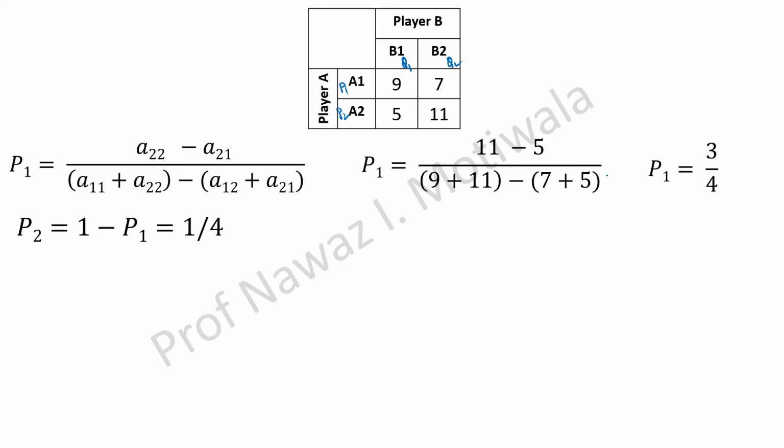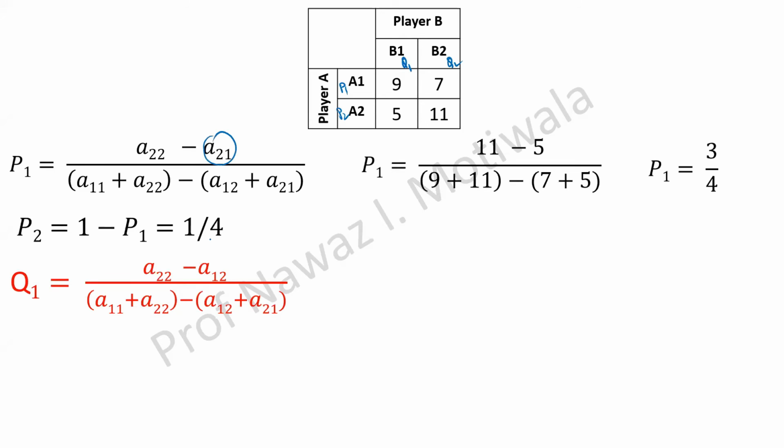Now let us go for Q1 and Q2. For Q1 the formula is again the same. Just in place of A21 you write A12, and the denominator remains the same. When I substitute, everything remains the same, just in place of this 5 it will be 7. So 11 minus 7 is 4, 4 by 8, the answer will be 1 by 2.